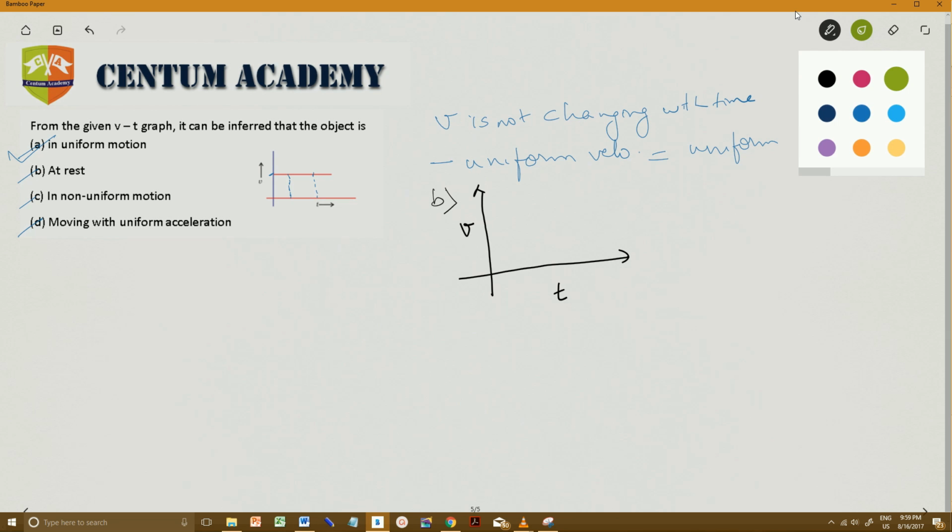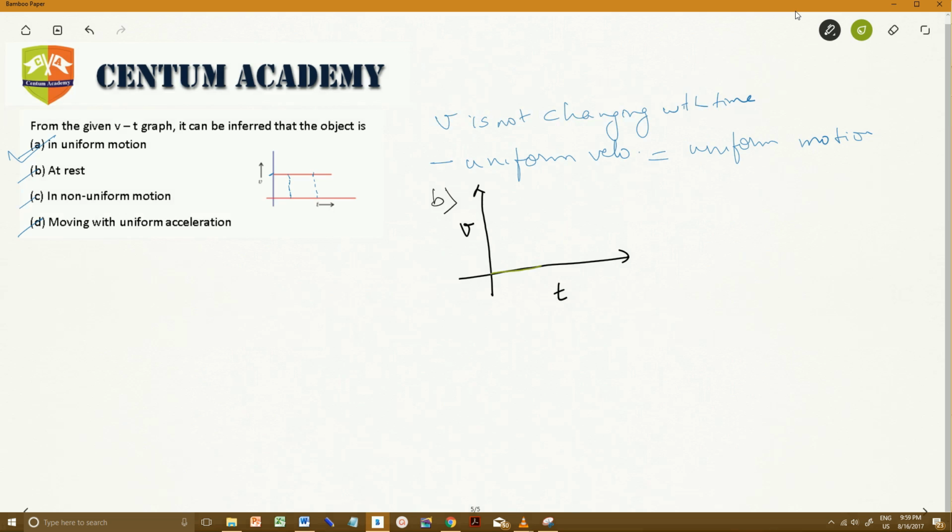So at rest the velocity time graph will be like that. So with time t, if you see, the velocity is 0 all the time. So this is a case of body being at rest.